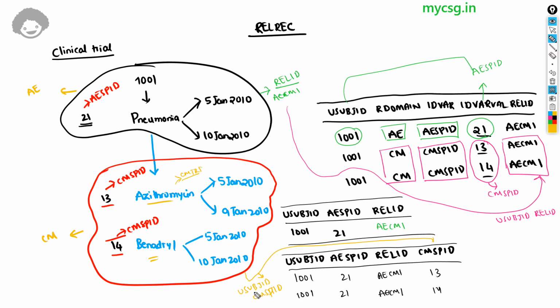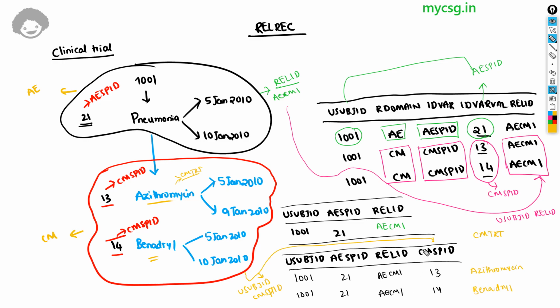So when we do this merge at the USUBJID and CMSPID level, we will be able to fetch the CMTRT values. The associated values can be fetched, and for the second one, with a CMSPID of 14, it was Benadryl. So we will be able to report the treatments used for pneumonia using RELREC in a single dataset.